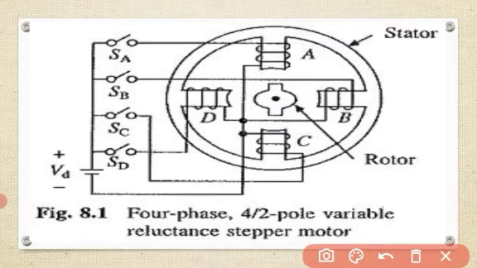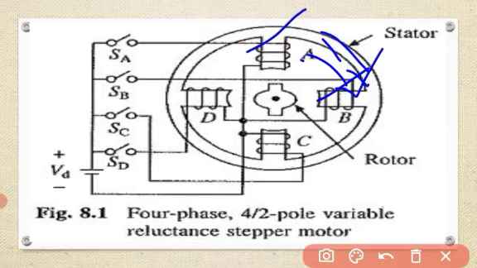Here is one very important point I would like to tell you. The technique of gradually shifting excitation from one phase to another, for example from A to B, going through A plus B in between, so that I am applying both stator poles A and B simultaneously, such a process is known as micro stepping, and is used to realize smaller steps depending upon how many steps you want.